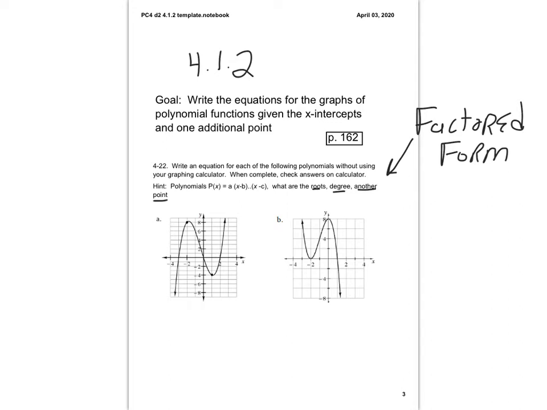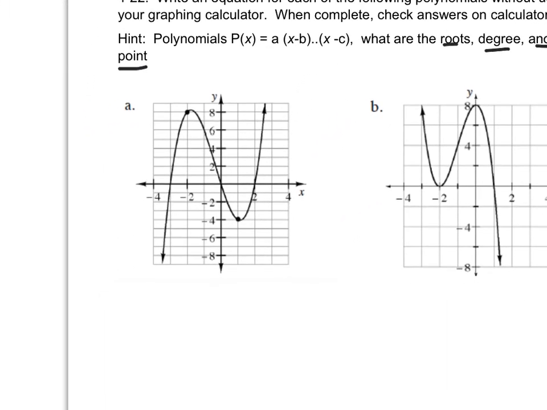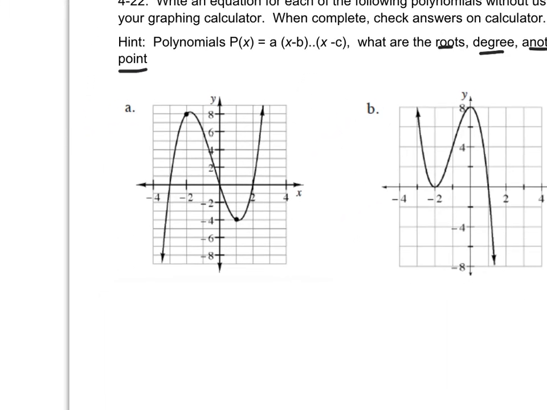So in part A, my roots happen to be x equaling negative 3, x equaling 0, and x equaling 2.